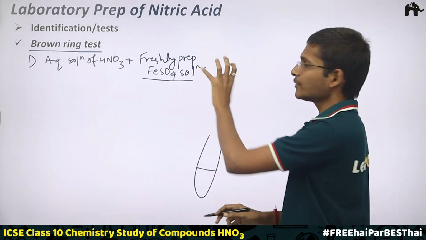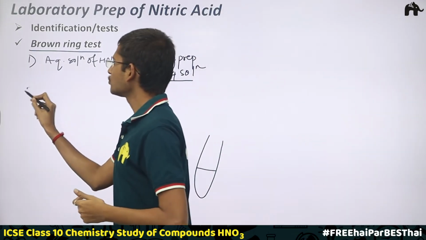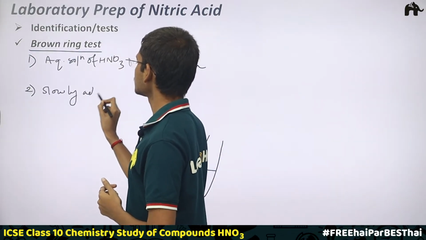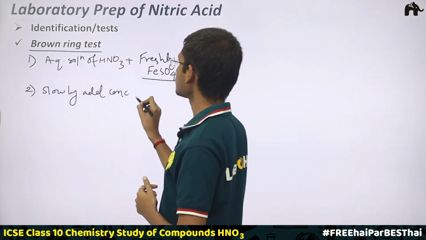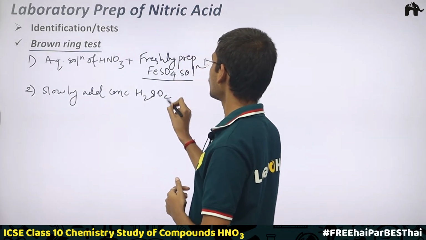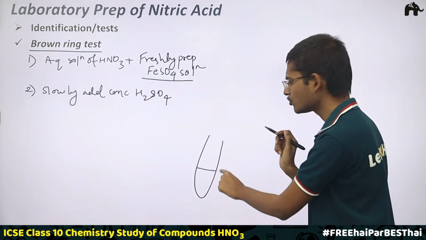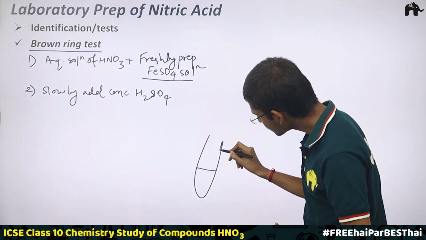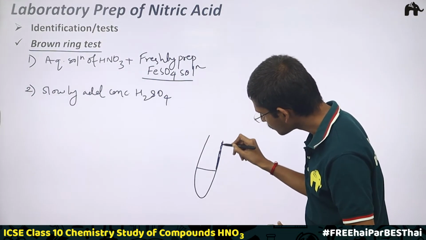Now what I'm going to do next is slowly add concentrated sulfuric acid. Very slowly I'm going to add it, in such a way that it slides over the side of the test tube, like this.